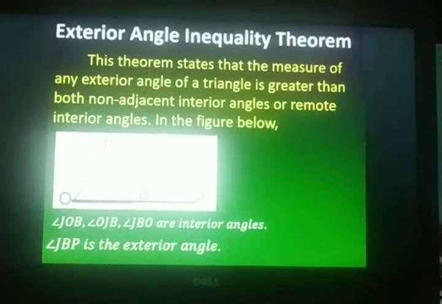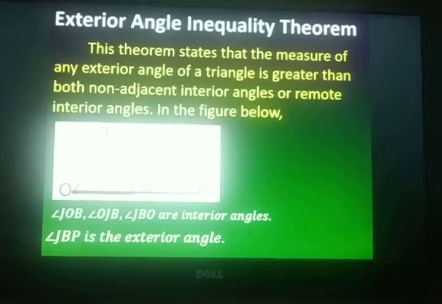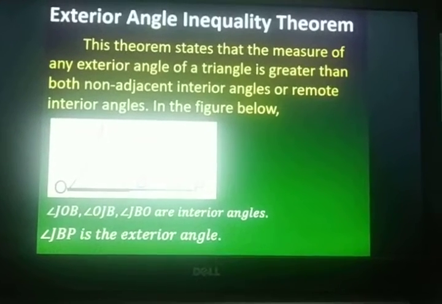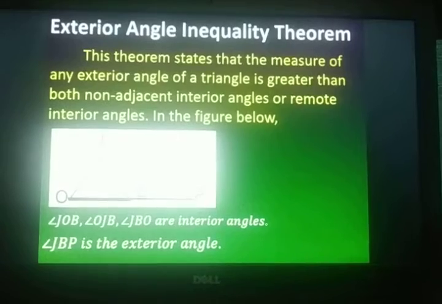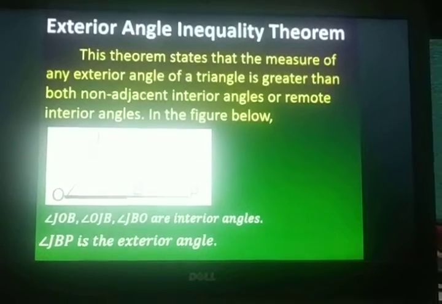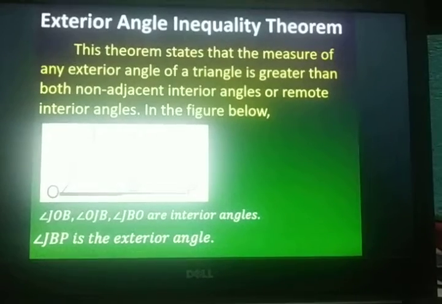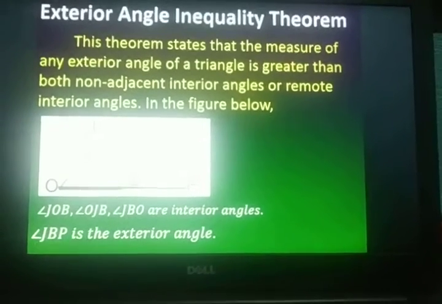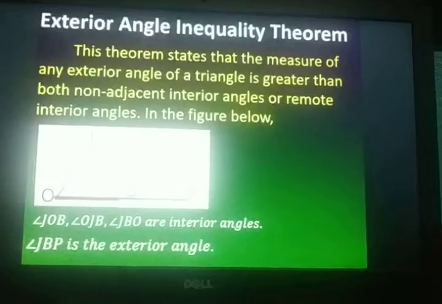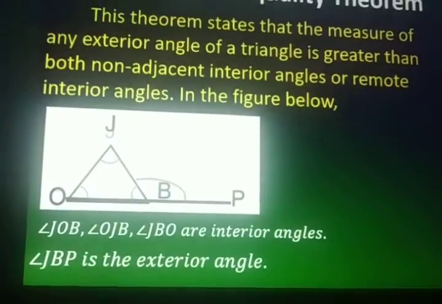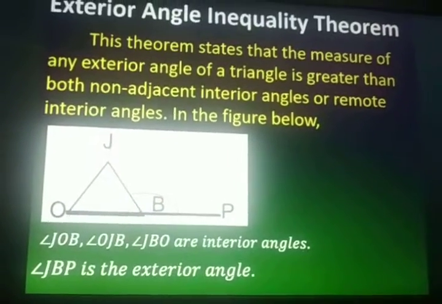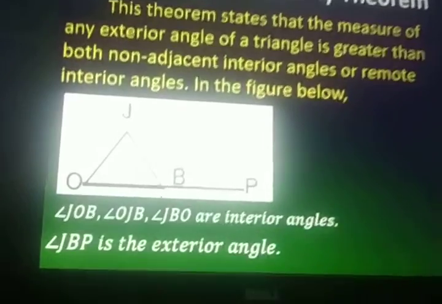It says that the measure of any exterior angle of a triangle is greater than both non-adjacent interior angles or remote interior angles. And so, the exterior angle is bigger than the remote interior angles. When we say remote, these are the angles that are far.